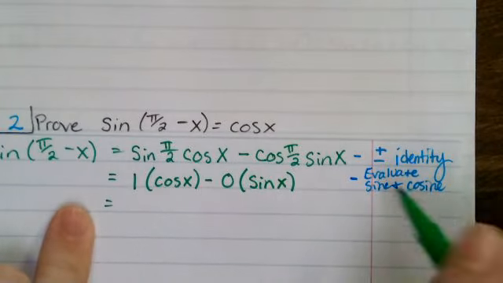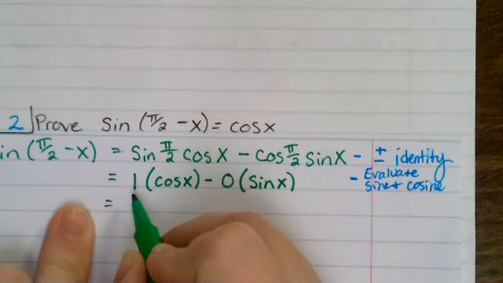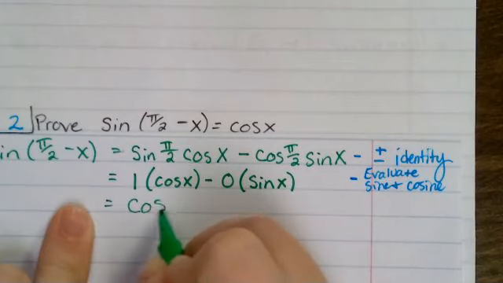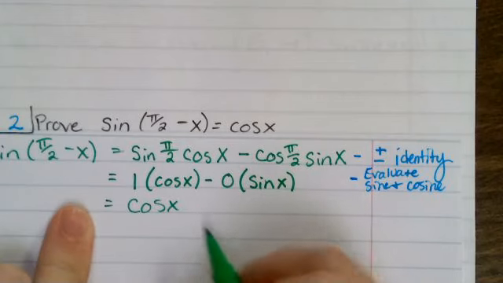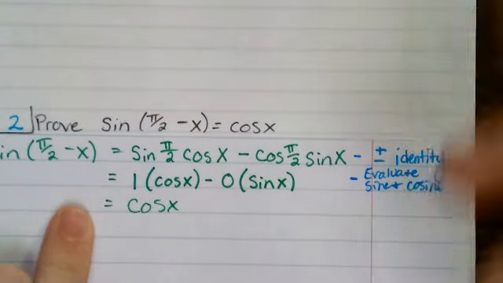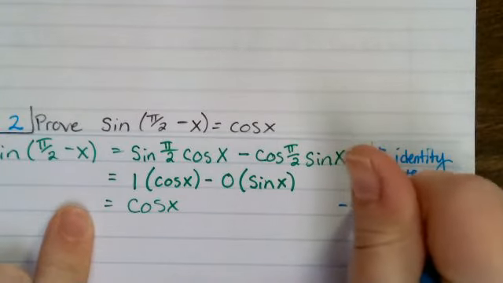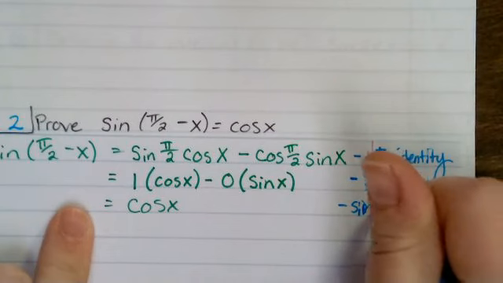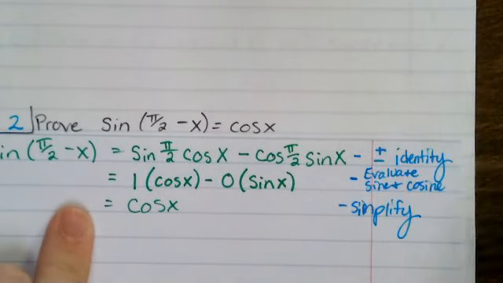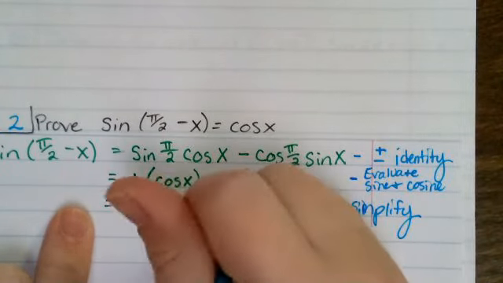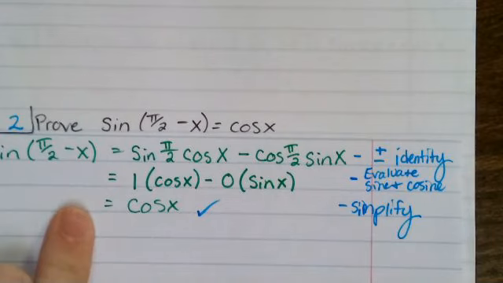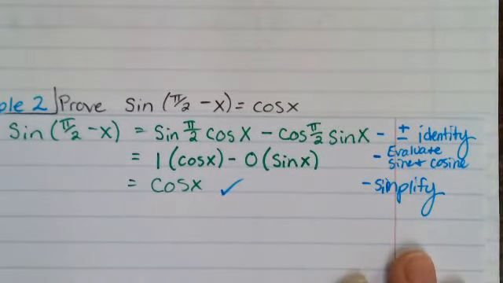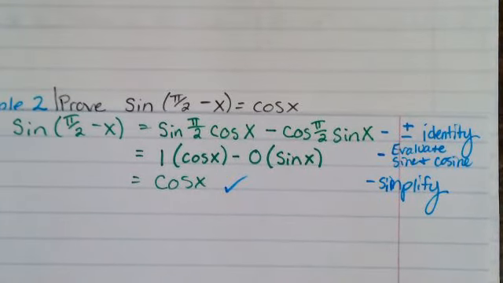Really, that's what we could have said on the last one too, simplify. 1 times cosine x minus nothing is just cosine x. So all we did was simplify. And then boom, we're done. We got what we wanted to get. This is proven. So proofs don't have to be this long, drawn out, arduous thing. It can be fairly simple.